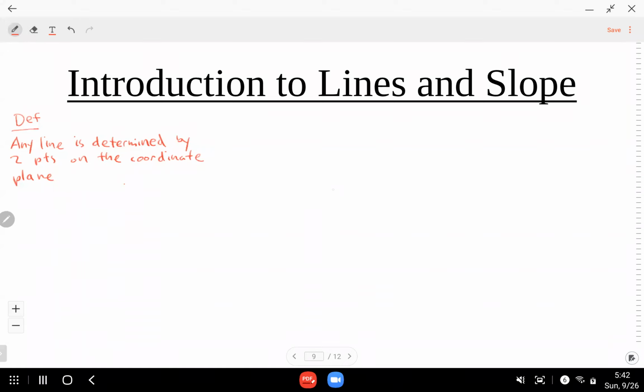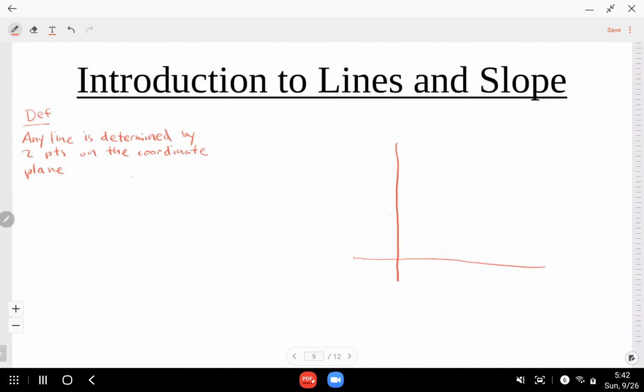Okay, so now let me draw a diagram for you first. Let's say we have 2 points, those are our 2 points that determine our line here.